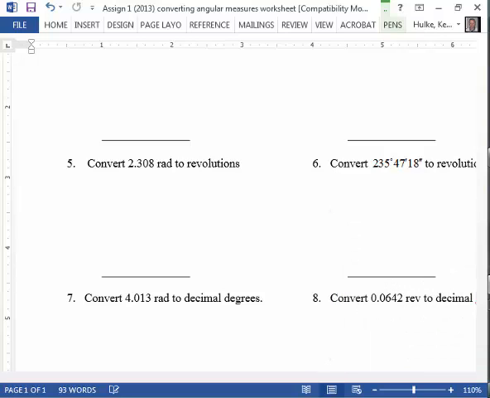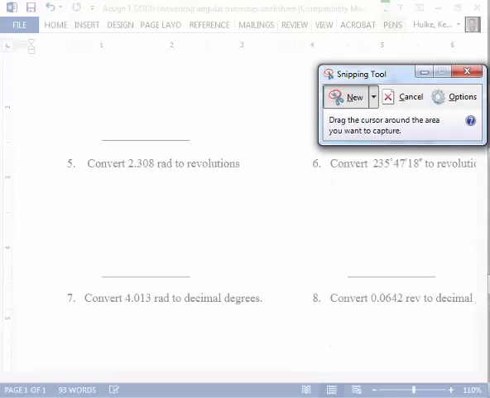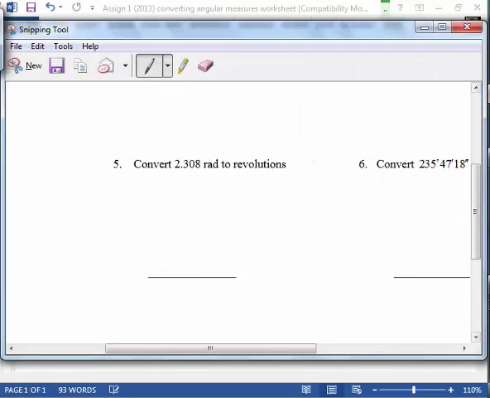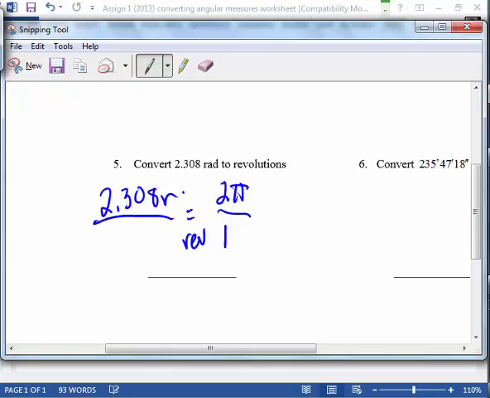Number 5, convert radians to revolutions. So now we're going the other way around. So 2.308 radians, when 2 pi radians is 1 revolution. So we want to know how many revolutions this would be.